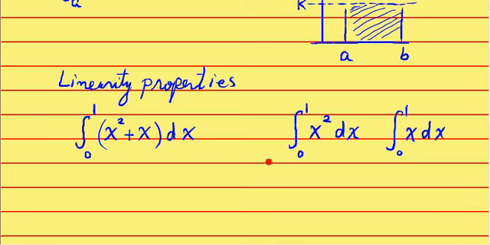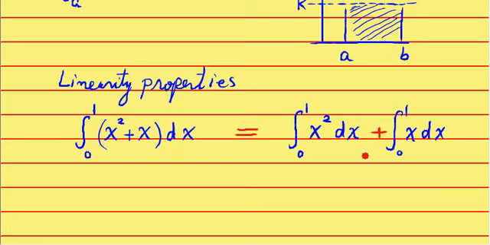There is something that's going to save us a lot of time: you can integrate piece by piece, so long as those pieces are either adding to each other, subtracting from each other, or just multiplied by a constant. Exactly the same kind of rule that you had for differentiation.